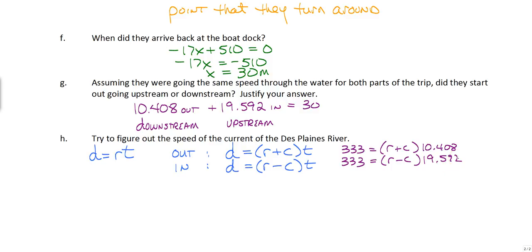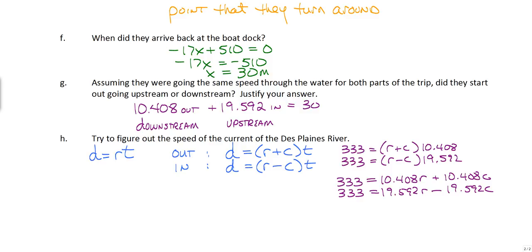From here, all we're really going to do is solve yet another system. So 333 is equal to, distributing this into both, 10.408R plus 10.408C. And distributing into the second one, 19.592R minus 19.592C.